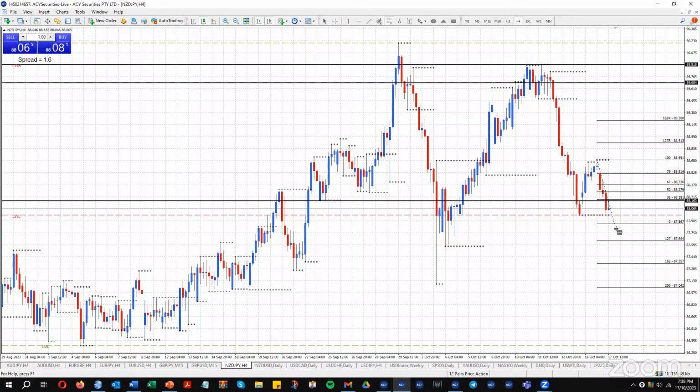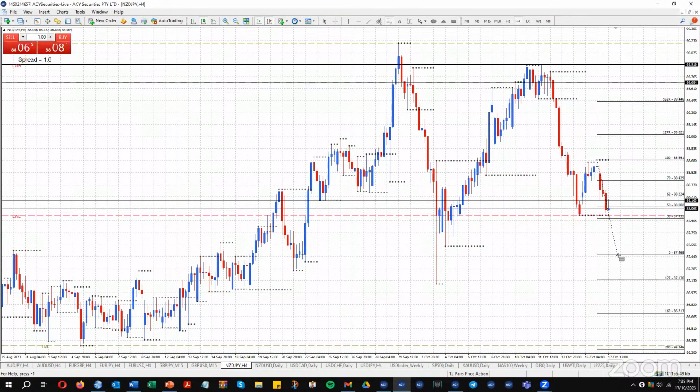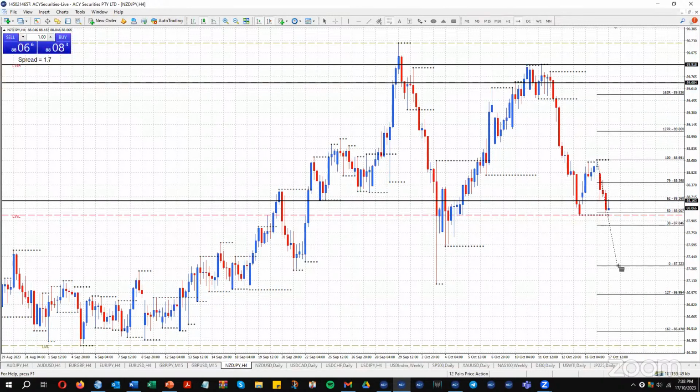If we have a break below that low and we move down, in a perfect world to this area, then we could trade back up to the 62% level overlapping resistance to then trade down. I'm not going to take a trade here. I don't trade breaks. I like to see things break down and then rally back up. So I'd like to see something form like that on the New Zealand yen.